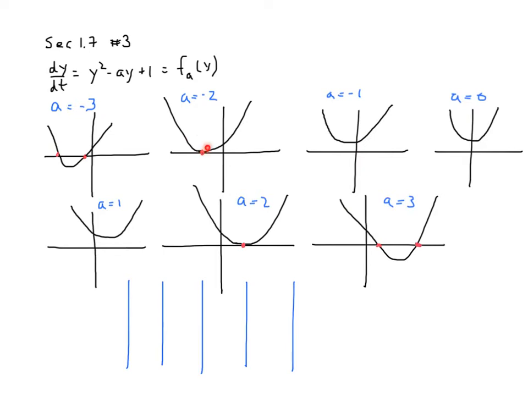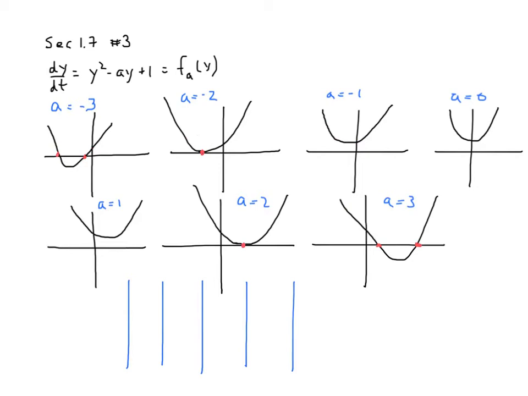At -2, I have only one equilibrium point, and as soon as I get larger than -2, my equilibrium points disappear until I reach 2 again. At 2, I have a single equilibrium point, and beyond 2, I'll always have two more. And so I'm going to make a drawing that includes these regions.